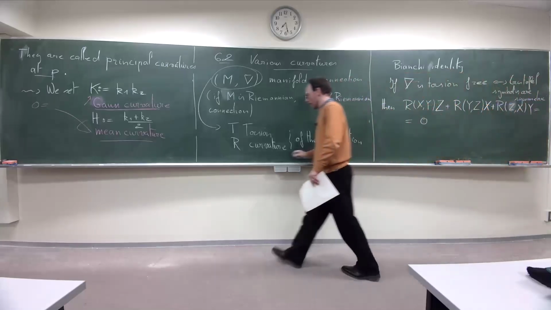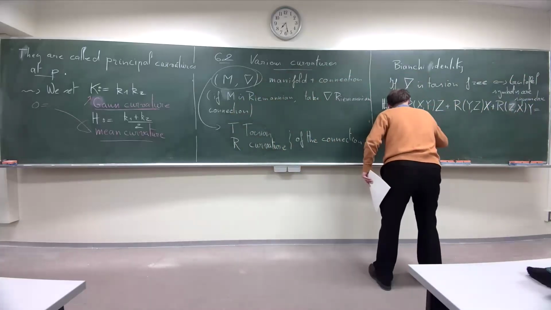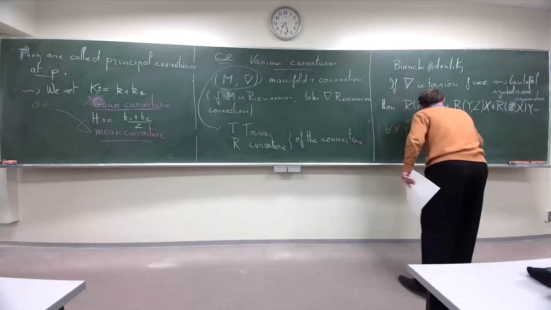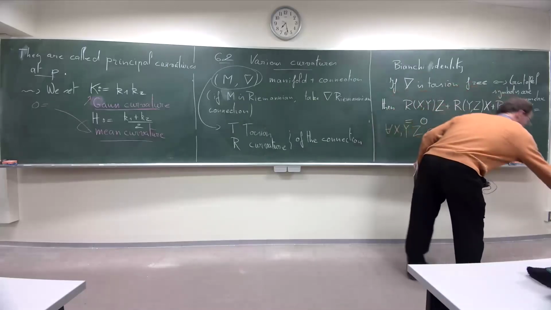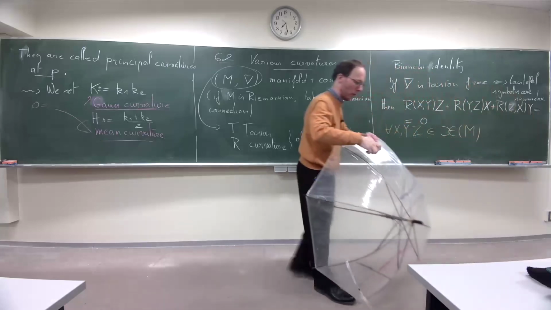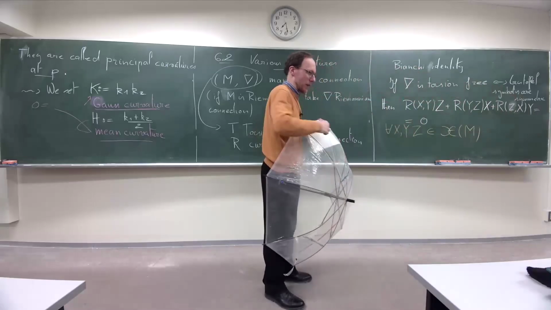So let's look at what it is. This is true for any X, Y, Z, which are vector fields on N. So remember, a vector field is on your manifold: at every point you have a vector in the tangent space.